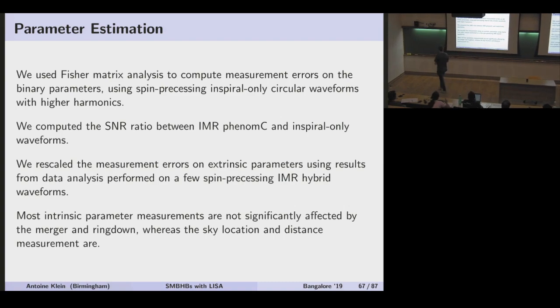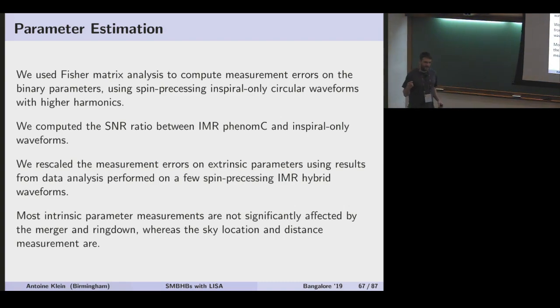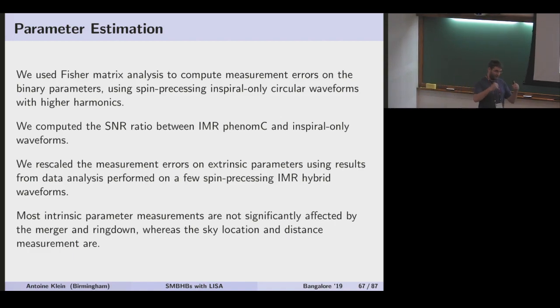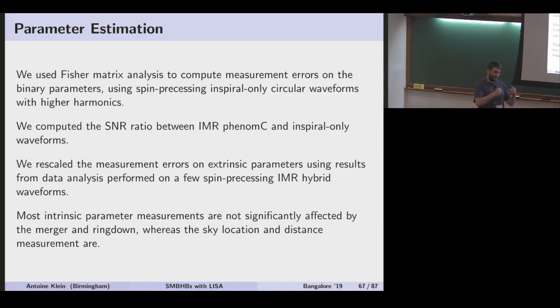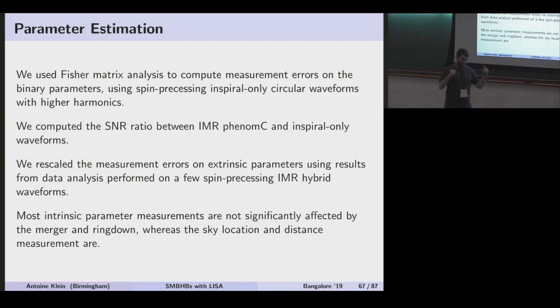Here we're trying to measure the properties of the components. All right, we're trying to measure the component masses. So your waveform is affected by the component masses in the inspiral because they're separated. But when they merge, there are no component masses anymore. All you have is the total mass. So that's all that you can measure.